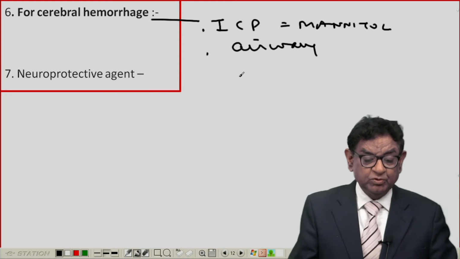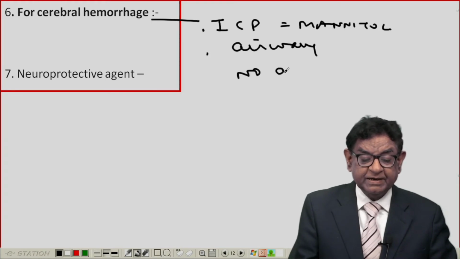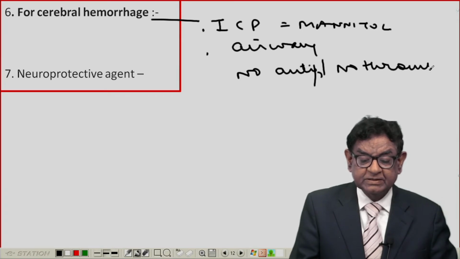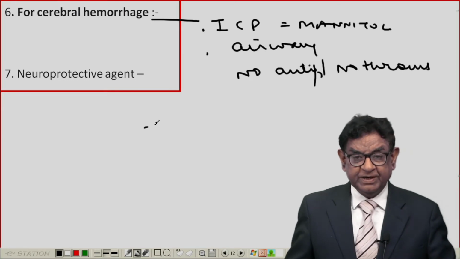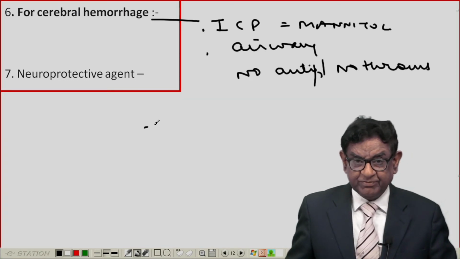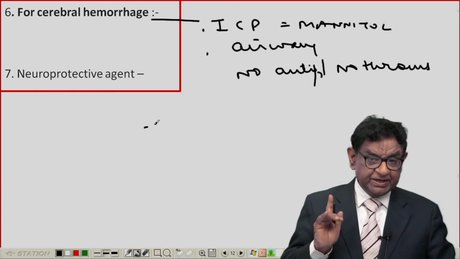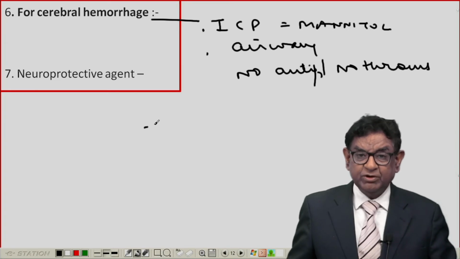Of course, we do not give antiplatelets, no thrombolysis. We have to take care of deep vein thrombosis by physiotherapy and pneumatic compression.